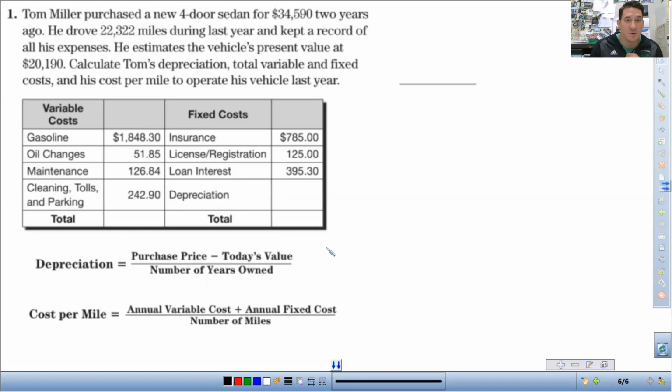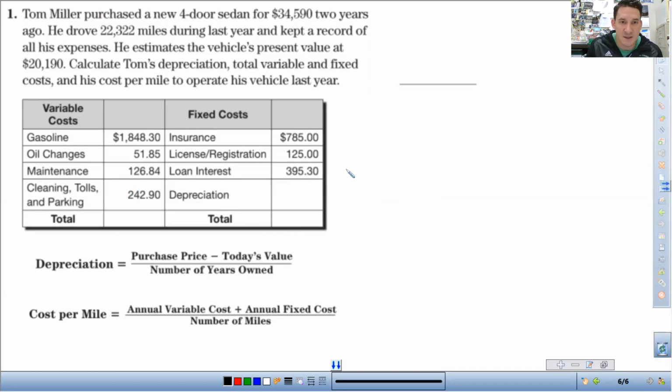First, we need to figure out the depreciation, because the depreciation is going to go into the fixed costs. It's not money going out of your pocket, but it's figured into the fixed cost, the cost of owning the vehicle.